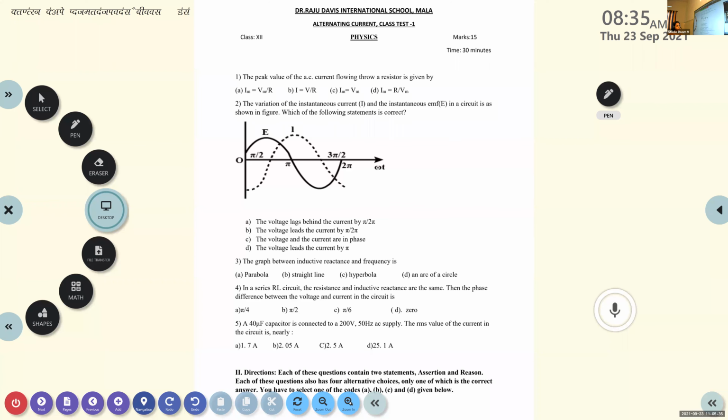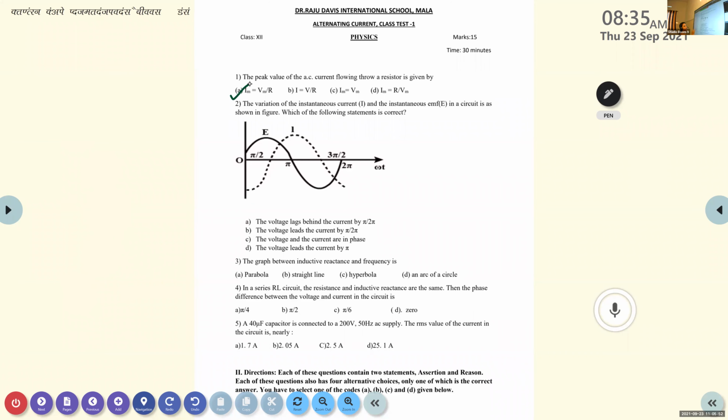Which option is right? Try to guess one answer. Im is equal to Vm by R. Maximum value of current is given by Im is equal to Vm by R.